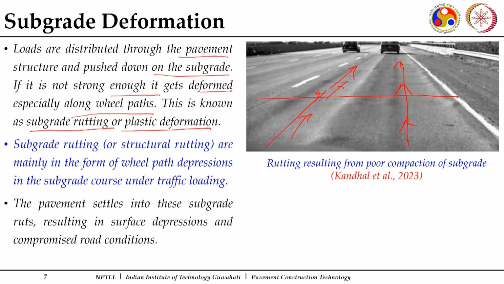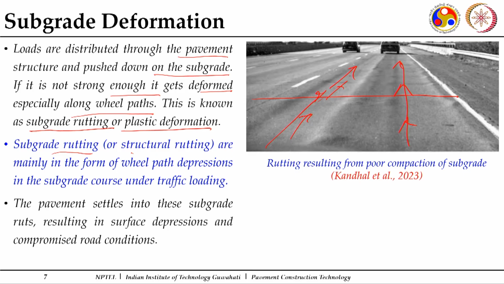Now, these high speeds and very high load stresses come over the surface, so the surface gets polished. If it gets polished, the frictional resistance gets reduced, so the chances of skidding increase. So, if there is a loss of texture or loss of frictional resistance, I can call it a functional reduction, a reduction in the functional performance.